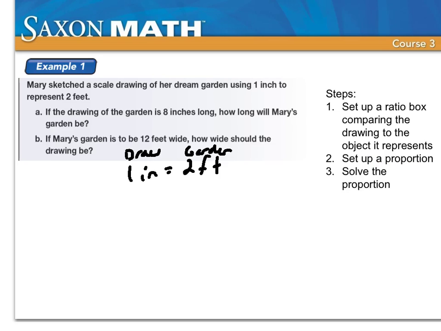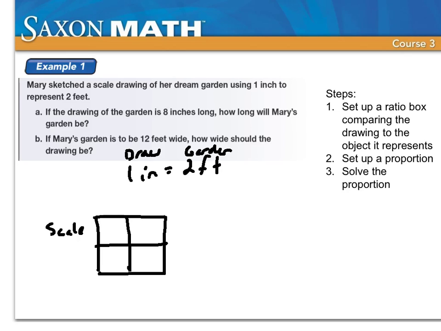So here's how our ratio box is going to get set up for these scale drawing problems. We're going to have the scale compared to the actual, and we need to decide always for our drawing and for whatever object we're representing, in this case the garden.